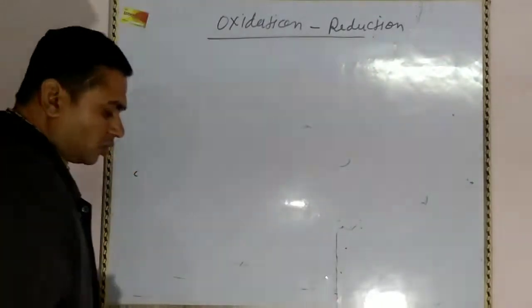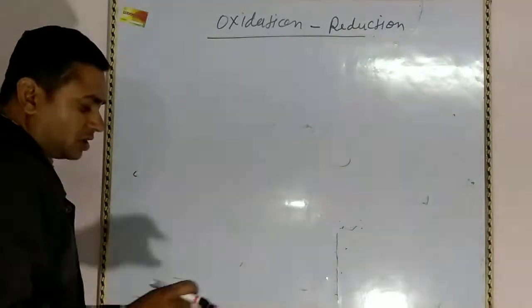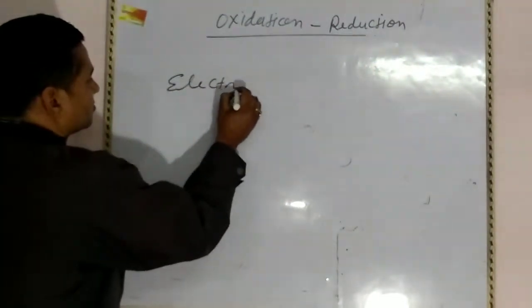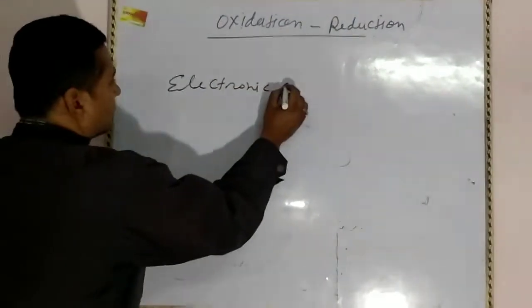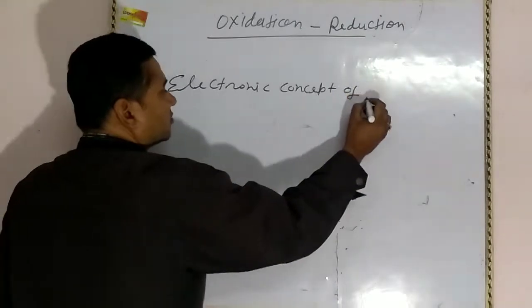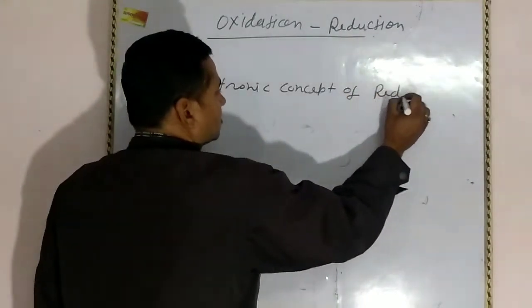Now one more concept of oxidation and reduction is the electronic concept of redox reaction.